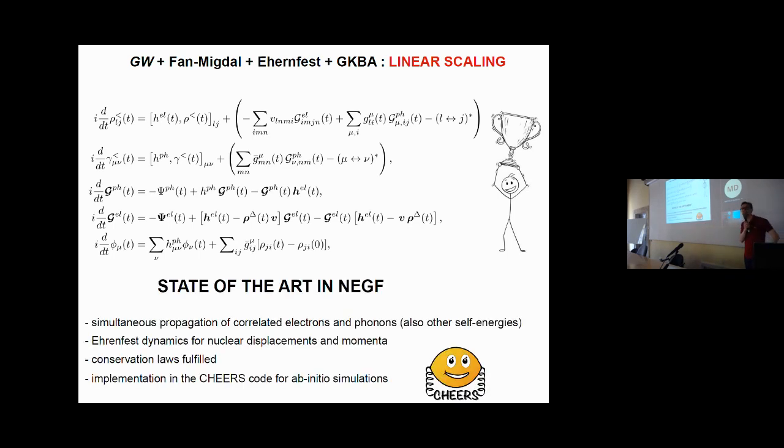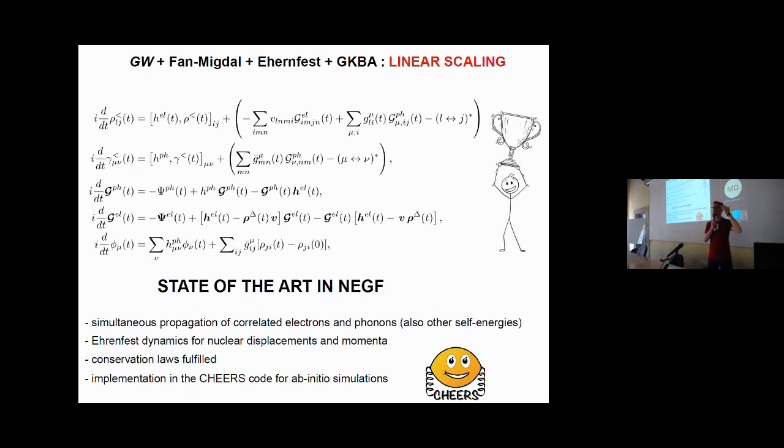Let me say that this set of equations constitutes the state of the art of non-equilibrium Green's function theory. And their solution allows you to simulate in real time the evolution of correlated electrons and nuclei. It gives you also access to the Ehrenfest dynamics.